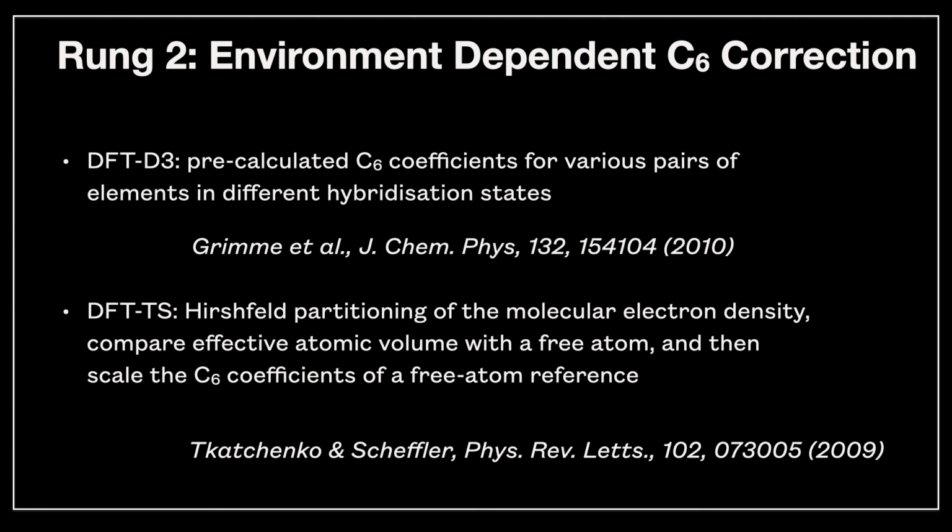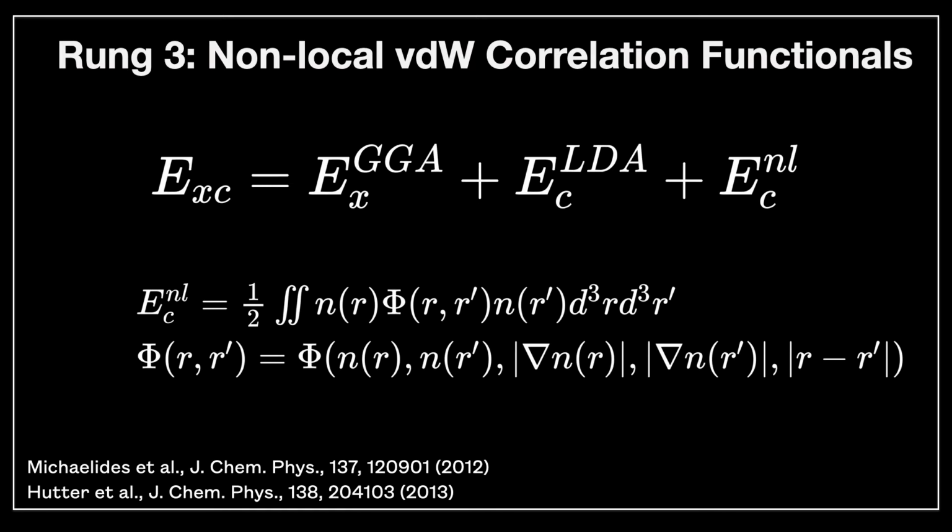Now, these are all corrections, kind of empirical corrections, almost like heuristics. But there are also other approaches, ones that really are about changing the exchange correlation functional, to add a non-local part to the exchange correlation.